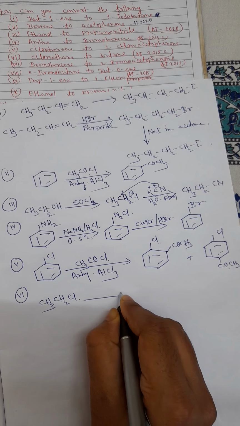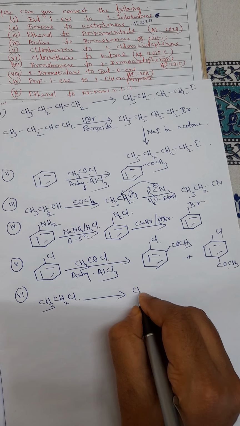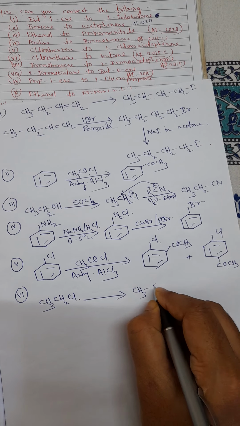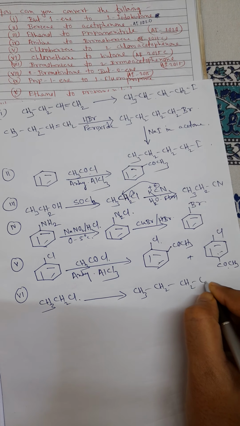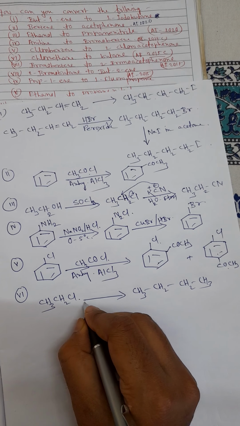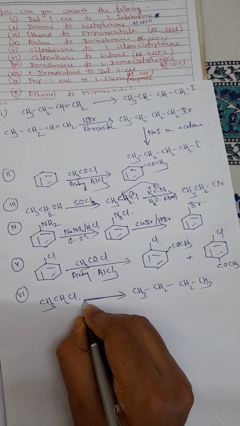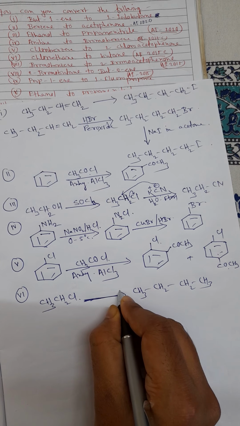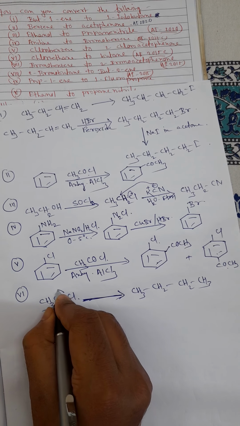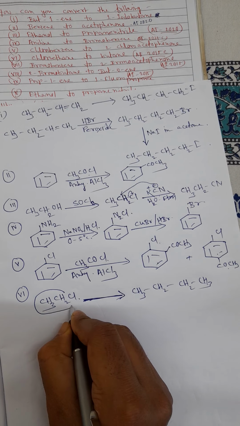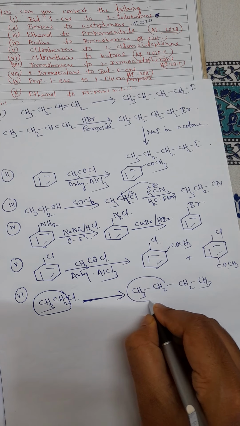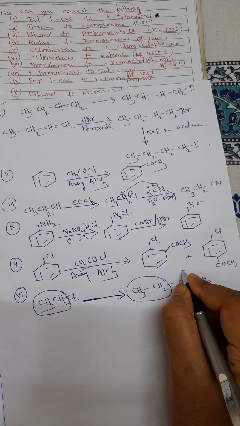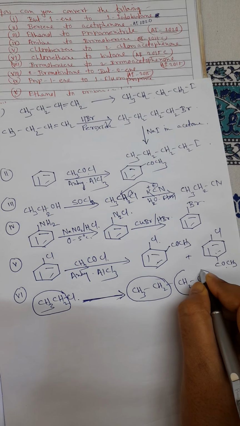You have to convert this one into butane, that is CH3-CH2-CH2-CH3. Students, here I want to tell you about one thing: here the alkyl group is CH3CH2, and here this CH3CH2 is combined with another CH3CH2.